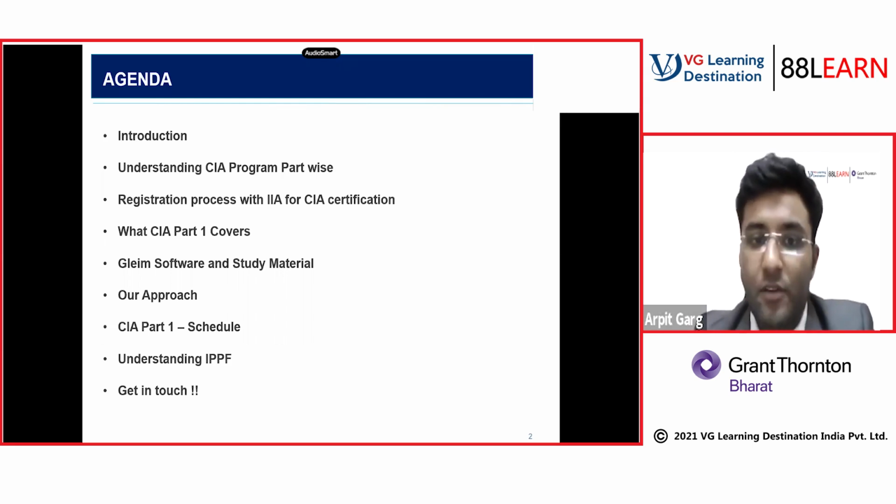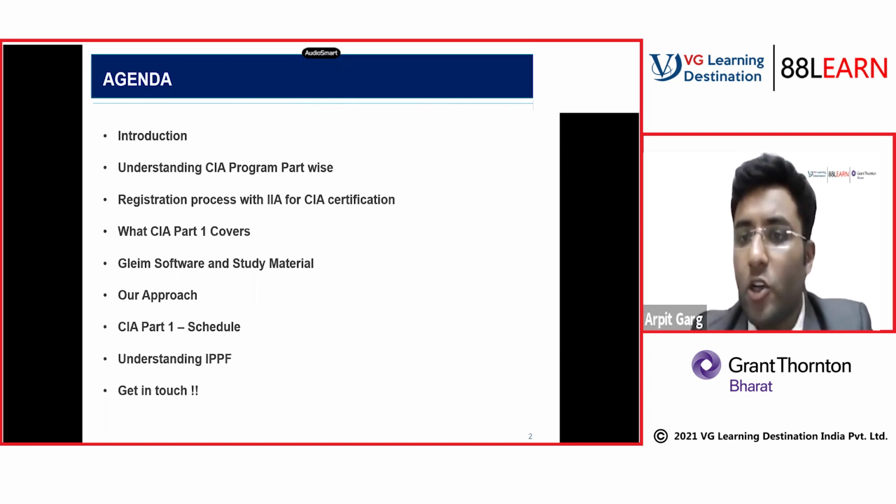So it has three parts. We'll understand what it has in all three parts. We will understand the registration process with IIA for CIA certification, what CIA Part 1 covers, the software and the study material you will be getting to complete the CIA program, what you will be referring to for your studies, what will be our approach during the study sessions, the CIA Part 1 schedule, that is, the schedule of the class, and understanding the IPPF framework.